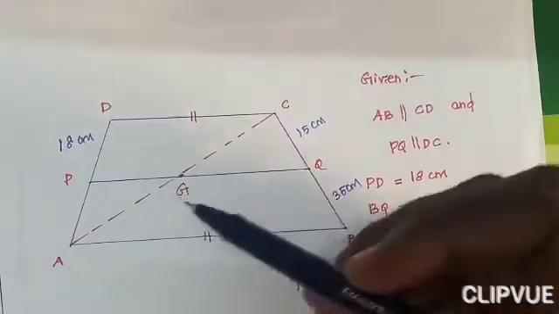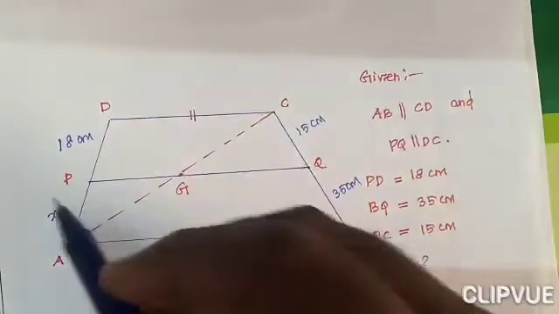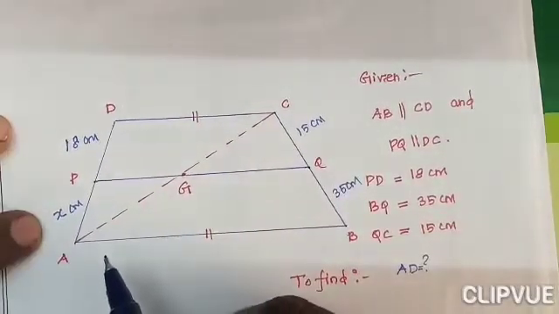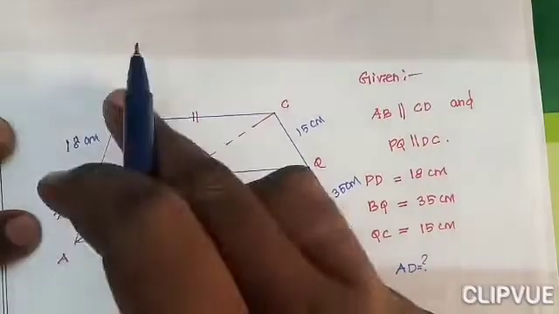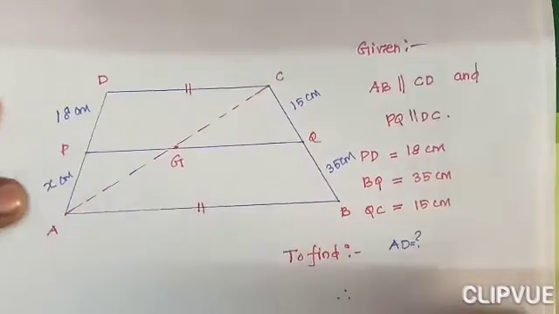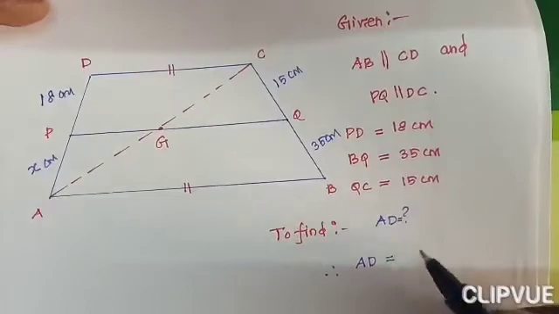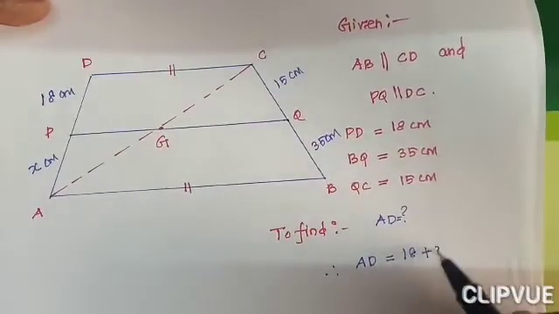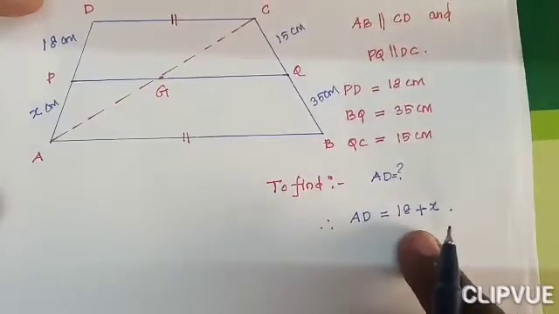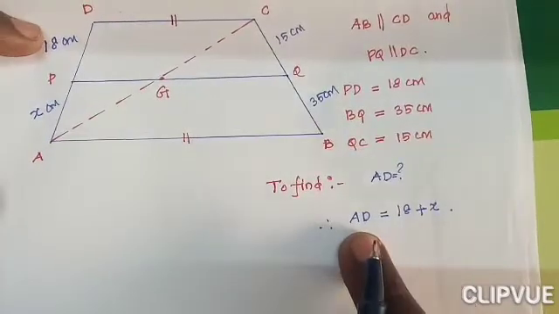If you assume A to P length be x centimeter, then AD equals 18 plus x. Now length of AD is equal to 18 plus x. So after finding x value, we want to add it with the value 18 to get the value of AD.